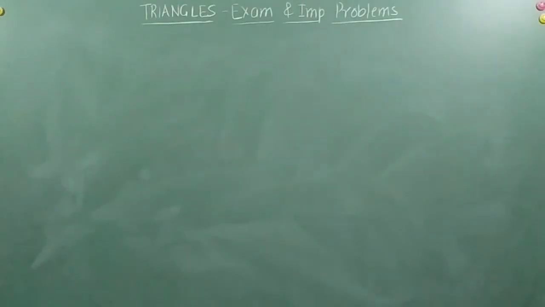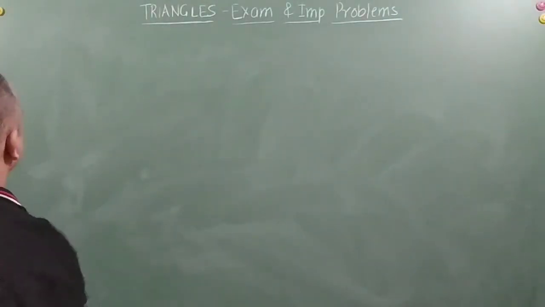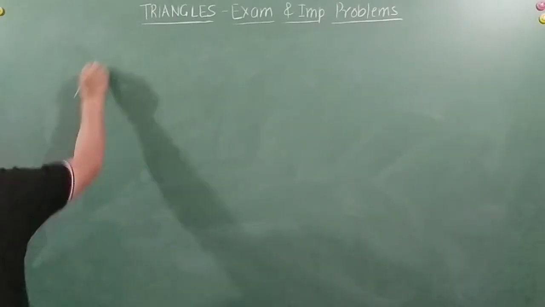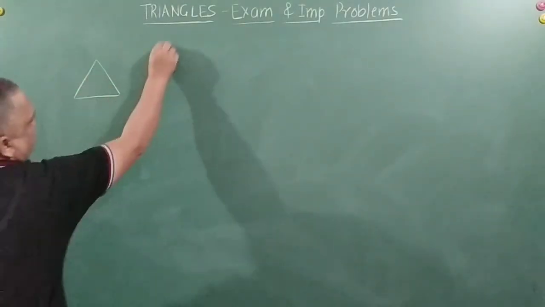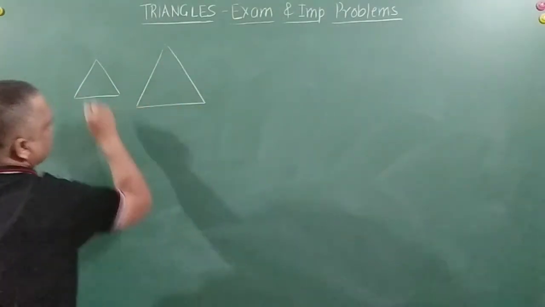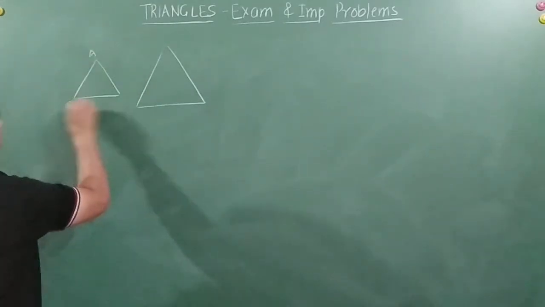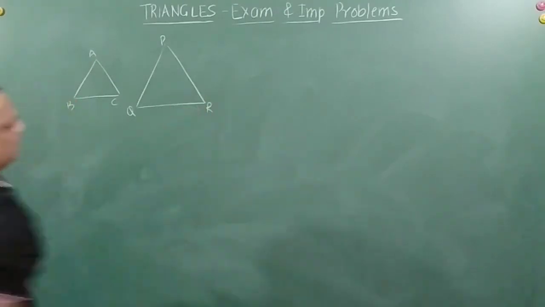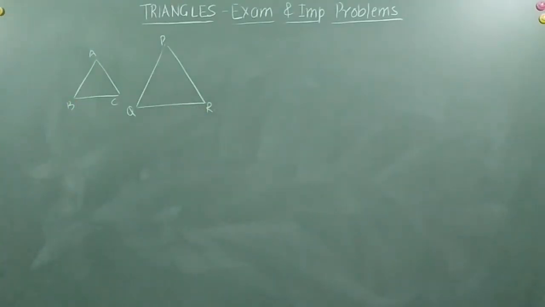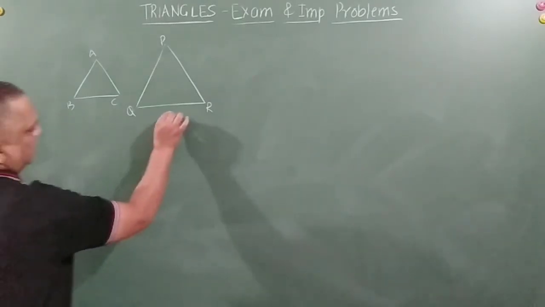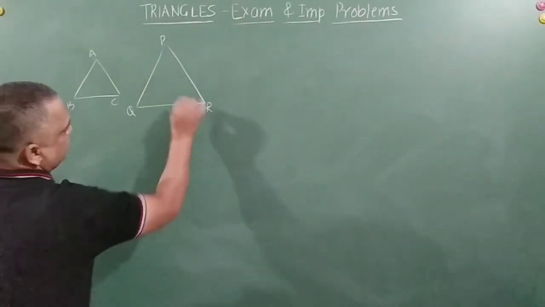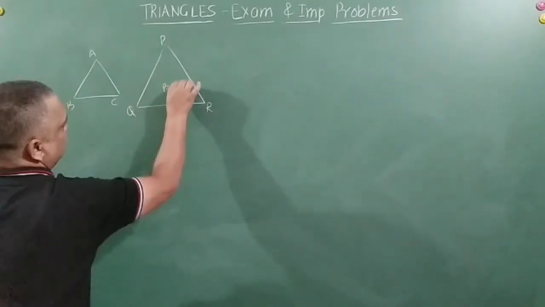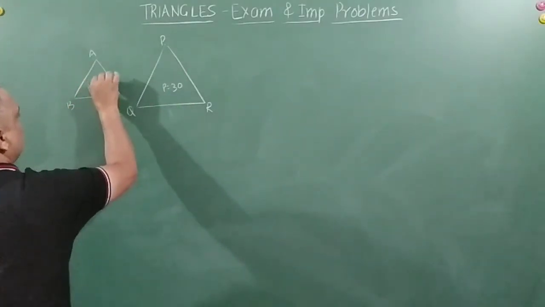So, friends, the perimeters of two similar triangles are 30 centimeter and, let's say, this is one triangle and this is another triangle, A, B, C, P, Q, R. Let's say the perimeter is 30 and the other is 20.